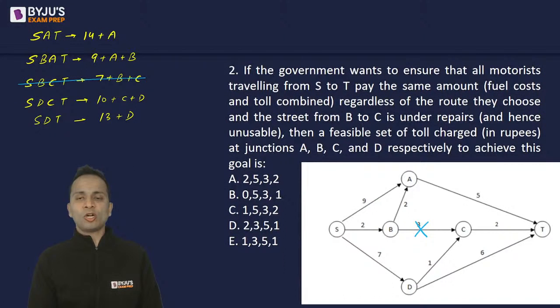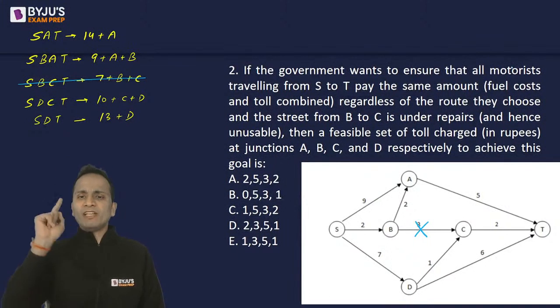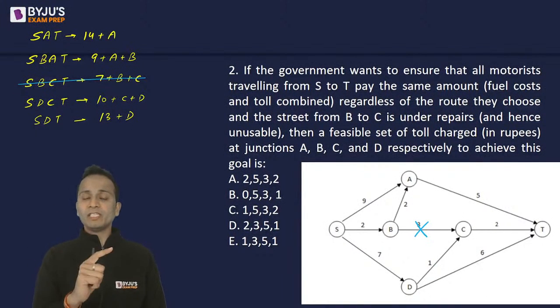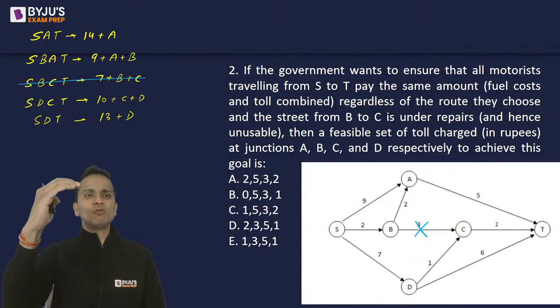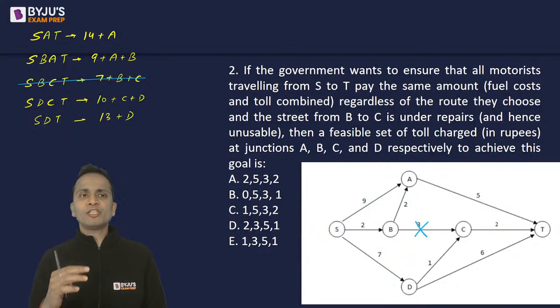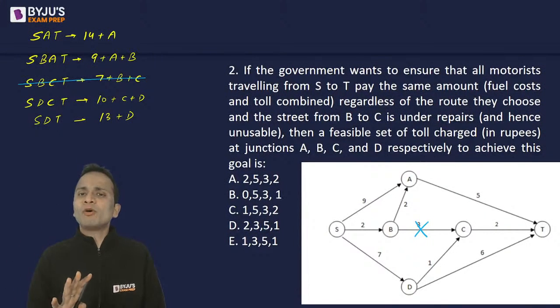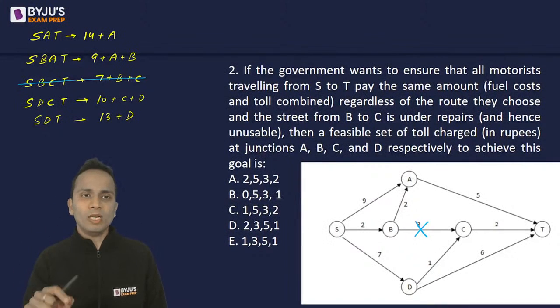Now the government wants to ensure that all motorists traveling from S to T pay the same amount regardless of the route, and one route is not available. So in the previous case, when there were two possibilities, here there is only one possibility. Now equal amount of traffic should flow across all these four routes. Done. इन चारों से equal amount of traffic flow करना चाहिए. So that means their cost should be equal, right?